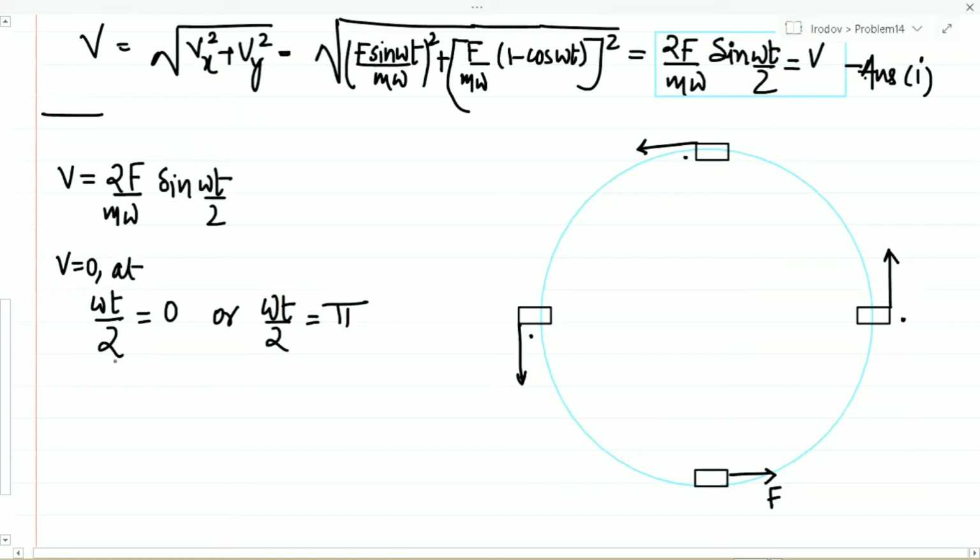Omega t by 2 equal to 0 is the point where the particle started, at t equal to 0. Also, at t equal to 2 pi by omega, we get that this particle returns to its original location, and again the velocity has become 0.